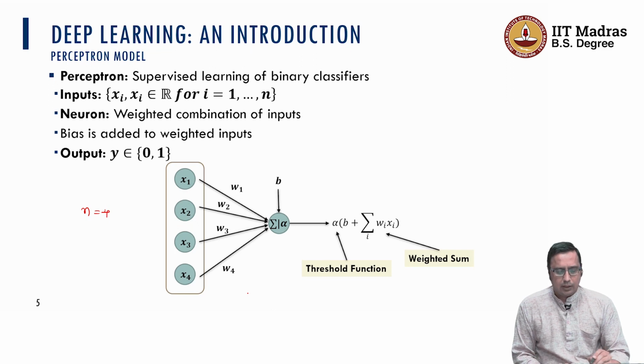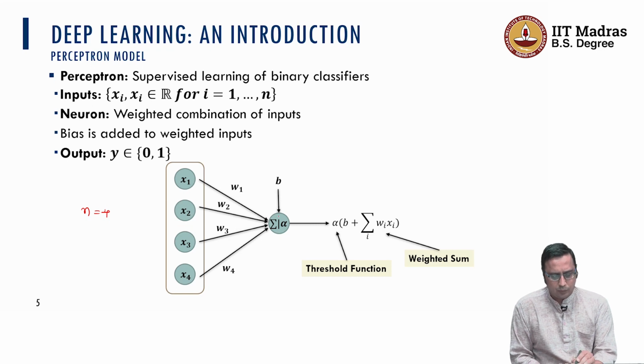The neuron is basically a weighted combination of inputs, which I have shown here as a node. It will do 2 tasks. It will collect the weighted combination of inputs, including a term typically called bias, and these are called weights. So it will combine both, and it will apply a thresholding function alpha to it to produce output y.